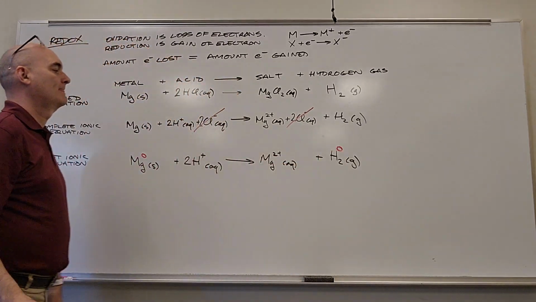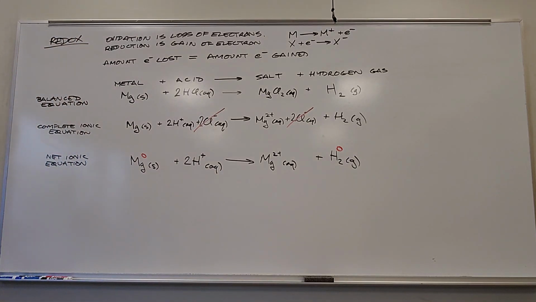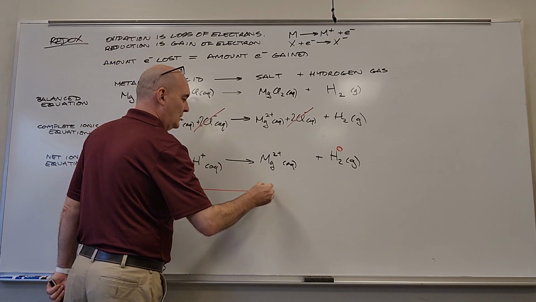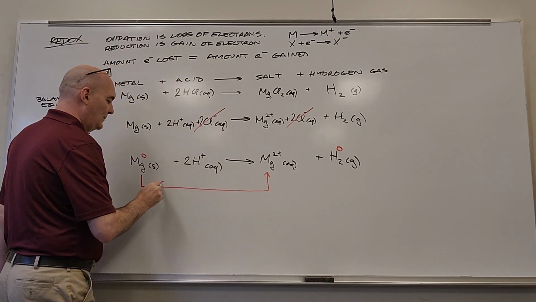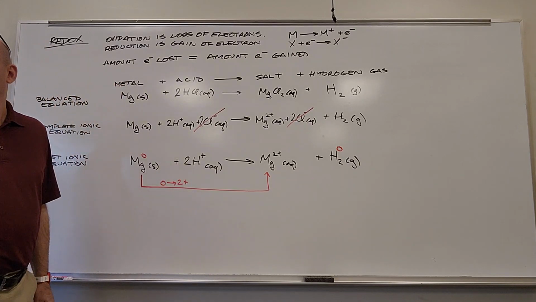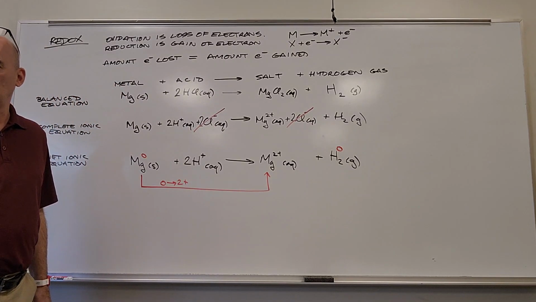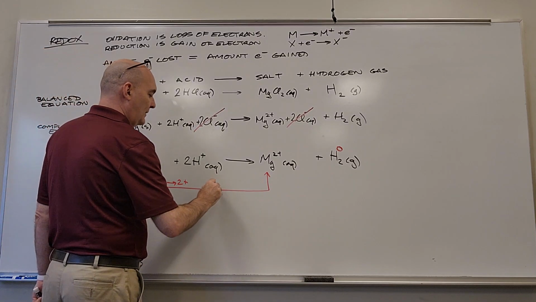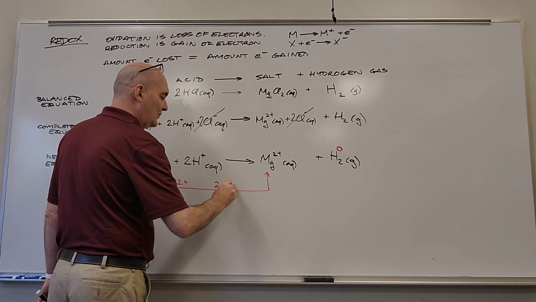Okay. First up. What on the board is being oxidized? Magnesium. From here to here, I go from 0 to 2 plus. Every time my oxidation number goes up, that's an oxidation. This, therefore, is a 2 electron oxidation.